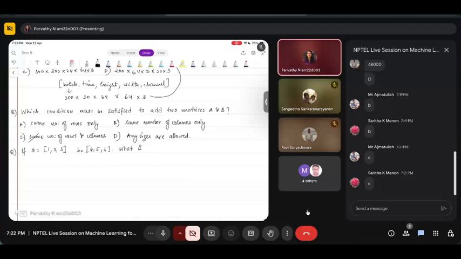what is the dot product? So the dot product is just multiplication and then sum.